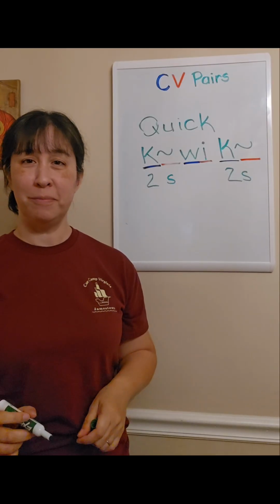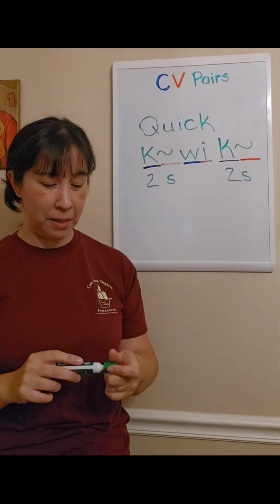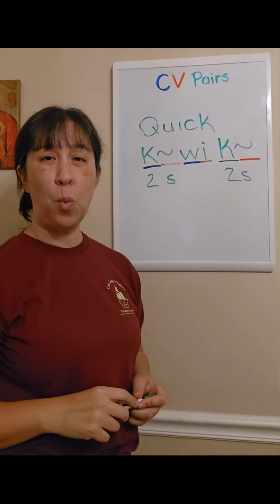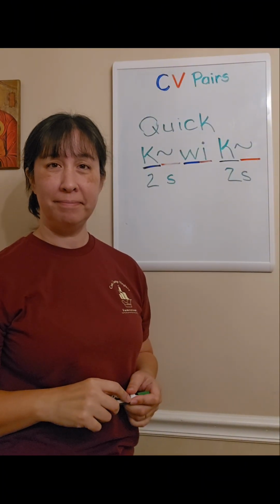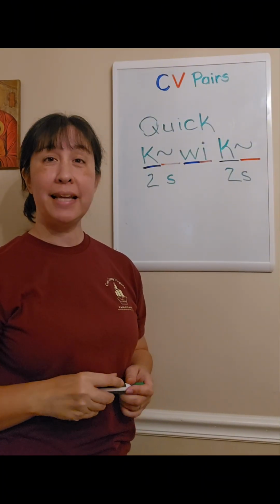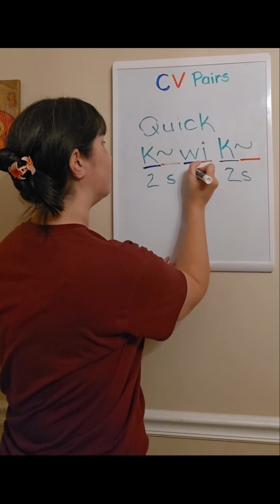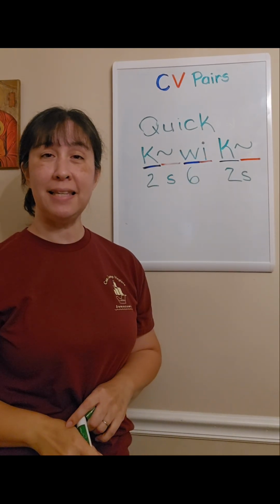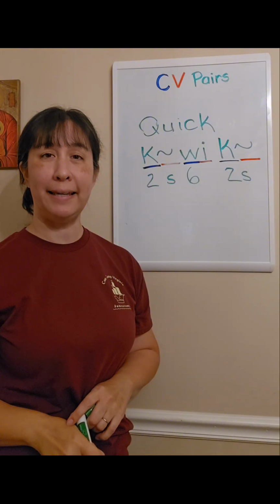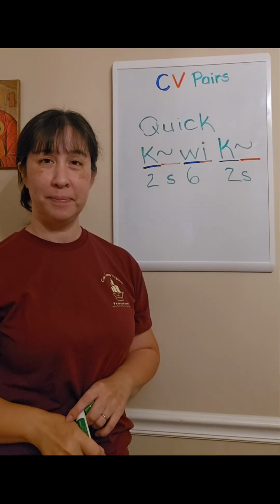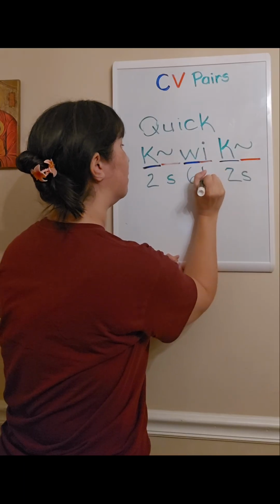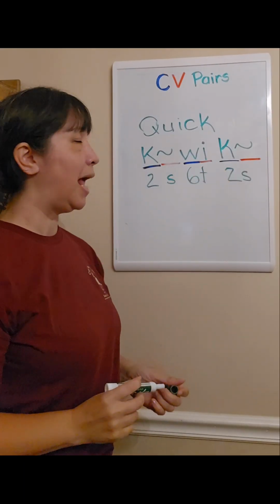Okay, now we have a standard CV pair in the middle. Yay, easy. So what hand shape is the W sound? It's hand shape 6. And what placement is the short I sound? It's at the throat. So I'm going to write a T for throat. And there you go.